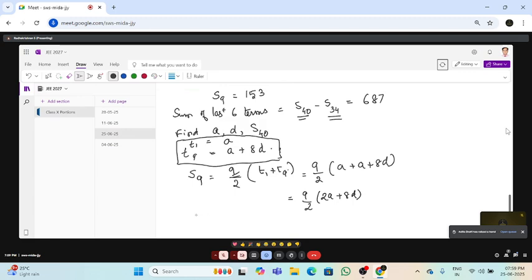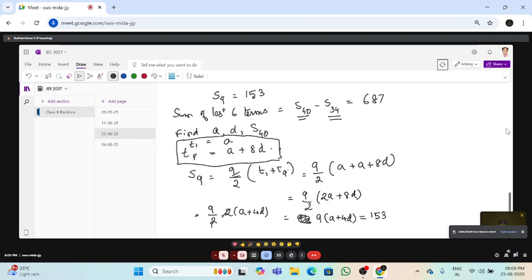That means 9 by 2 into, we can take 2 common, 2 into A plus 4D. It will get cancelled out. So basically what you get is 9 into A plus 4D. This is equal to, given as 153. Okay. This is what you get, 9 into A plus 4D.